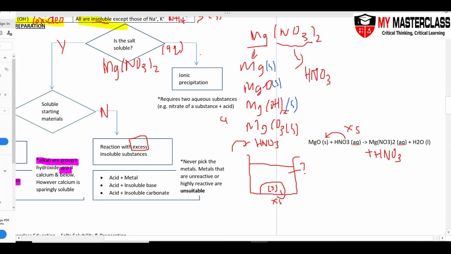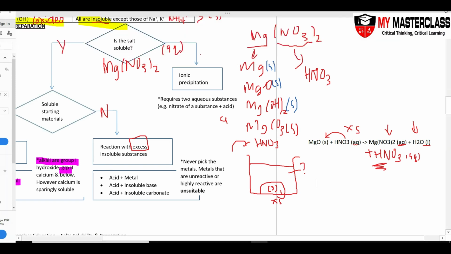So at the end of it, this is aqueous, this is liquid, nitric acid is aqueous, and they are all colorless. So if I look at the experiment setup, because they are all colorless, I don't know, is there any nitric acid there? Is it just this salt and water only? So how do you know there is no more nitric acid?